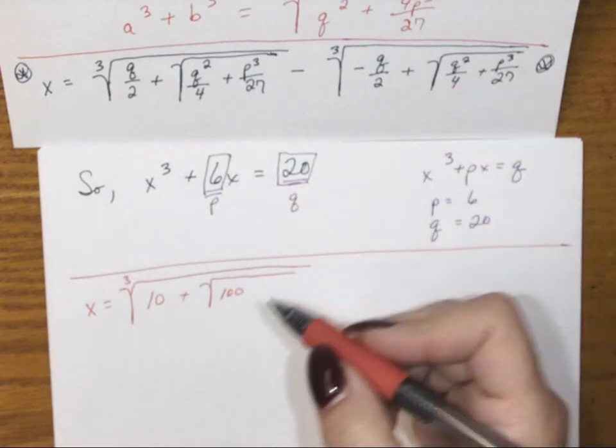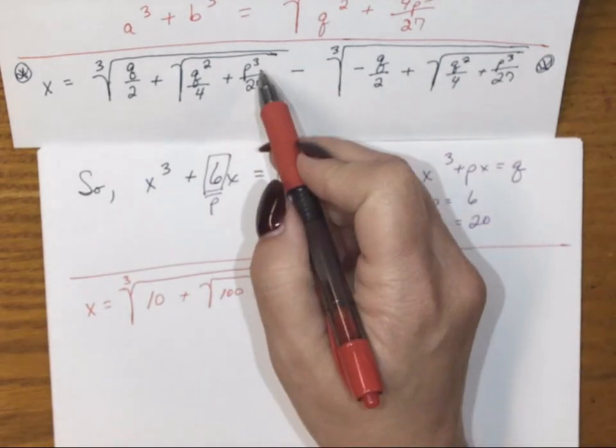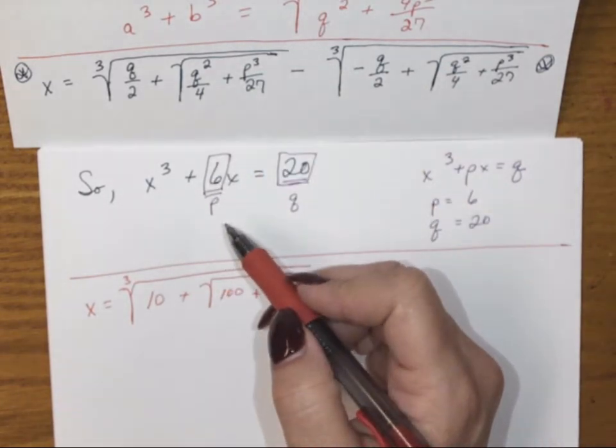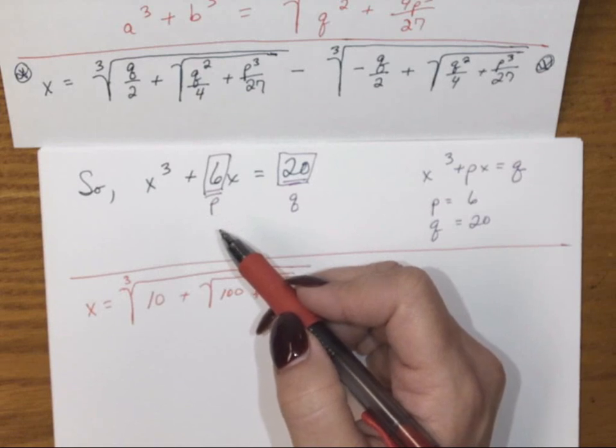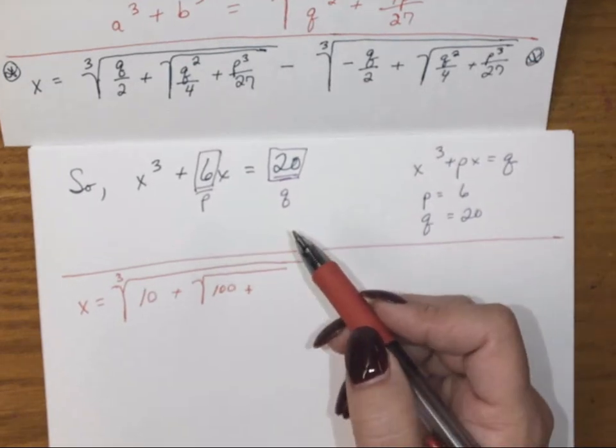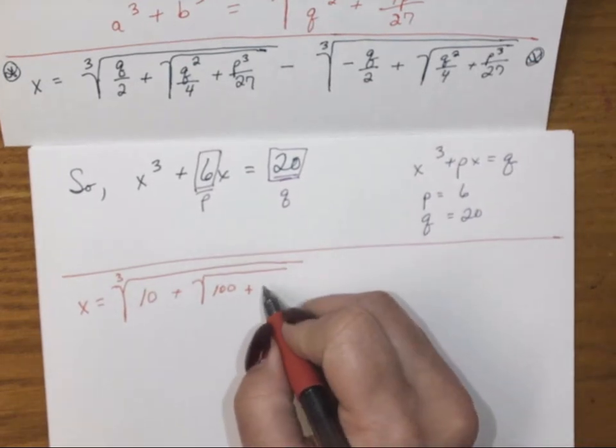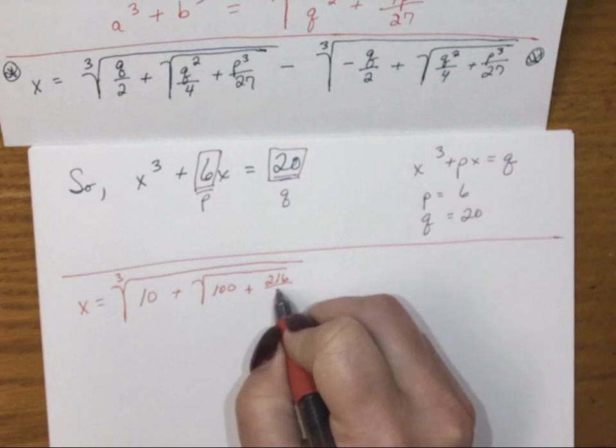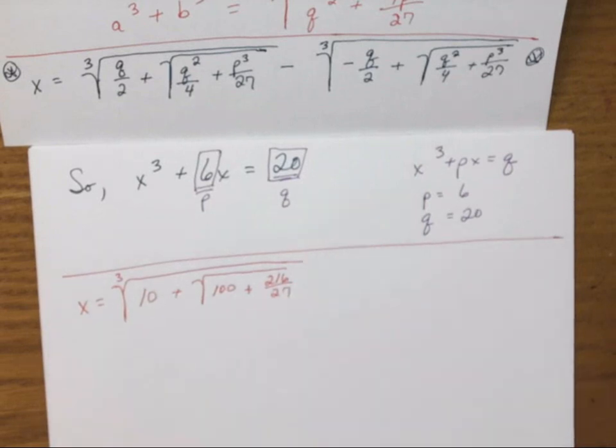Okay, plus p cubed, well, p is 6. 6 times 6 is 36, and if I'm not mistaken, 36 times 6 is 216. I don't have a calculator with me, so I'm going with that. So let me know if that's wrong. 216 over 27. That should reduce down to 108.